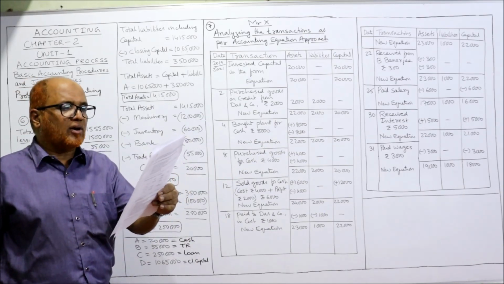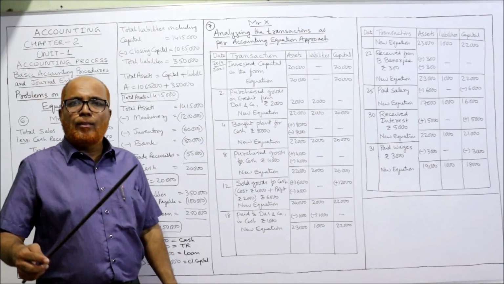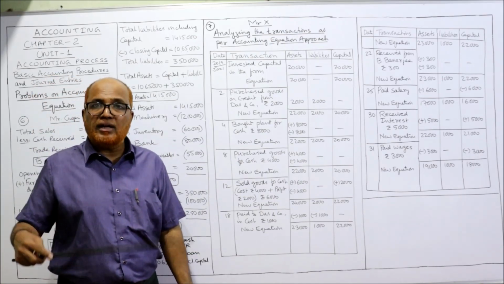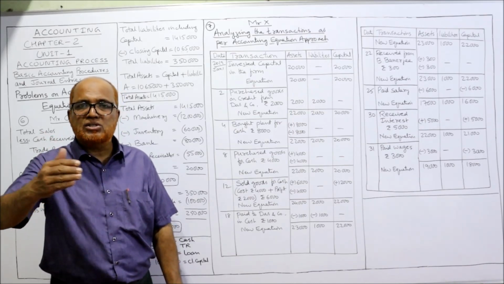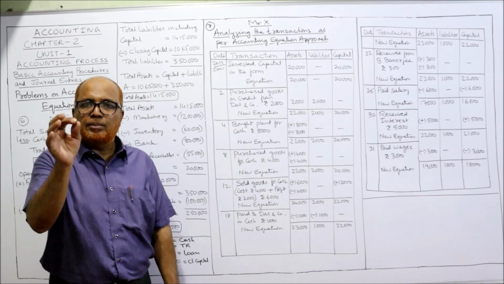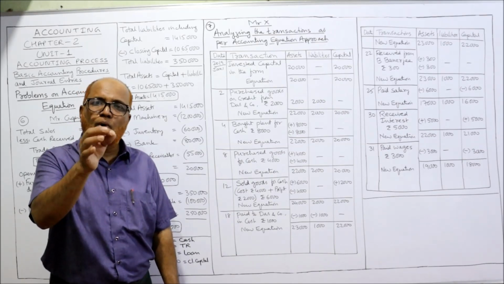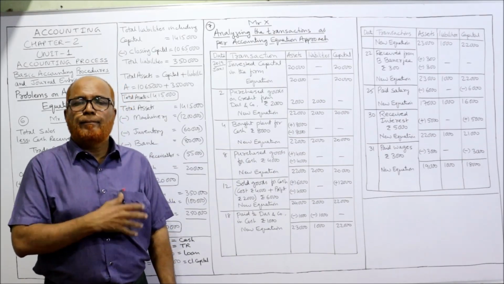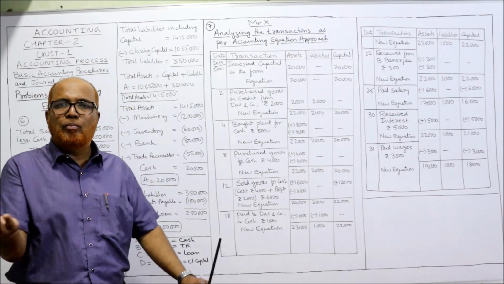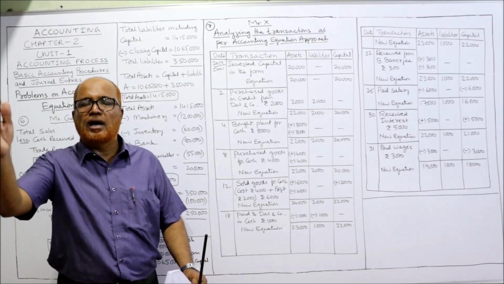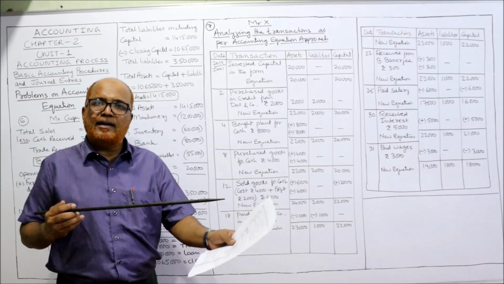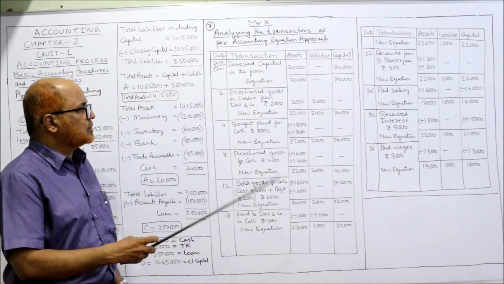Bought plant for cash 8,000. Bought plant for cash. That means plant is coming in, cash is going out. Both plant and cash are assets. So one asset is coming in, another asset is going out. So plus 8,000 minus 8,000.